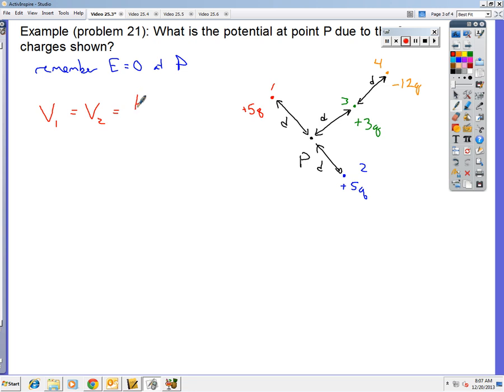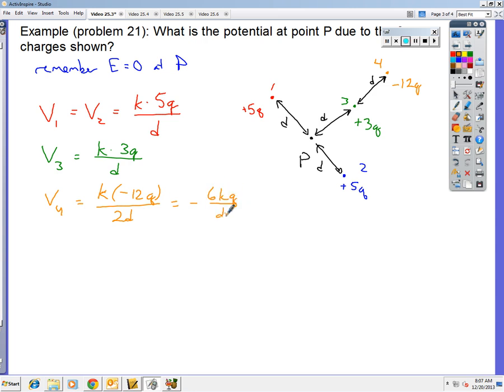And so that's K times the charge, which is 5Q, over the distance, which is D. The potential due to the third charge is K times its charge, 3Q, over its distance, which is also D. And the potential due to charge 4 is K times its charge, which is negative 12Q, divided by its distance, which is 2D. And that works out to negative 6KQ over D.